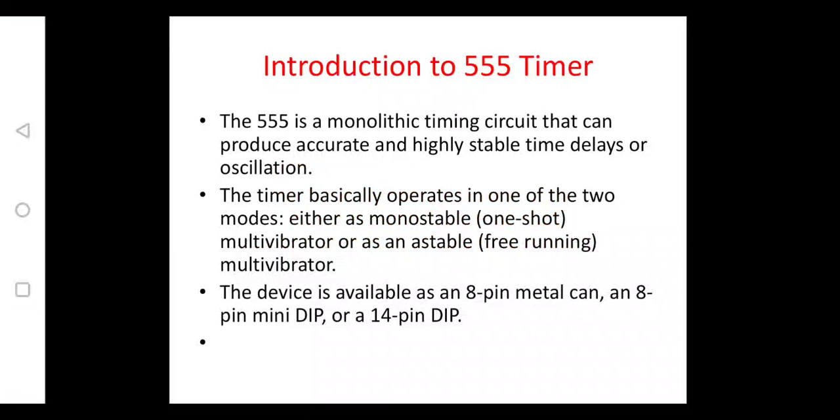The 555 timer is a monolithic IC. Here mono itself indicates single. So it consists of both active and passive elements on a single silicon layer, and it is basically used to generate accurate time delays.